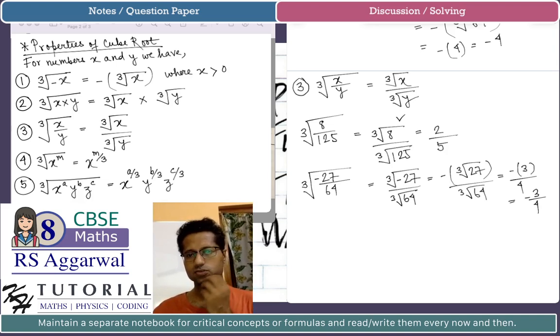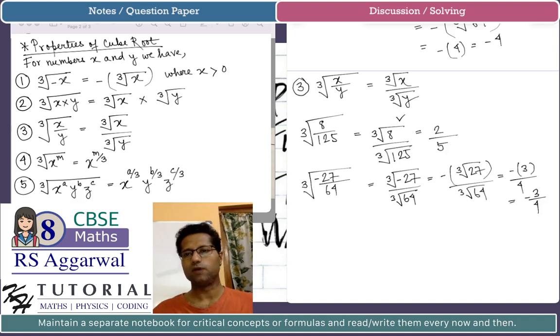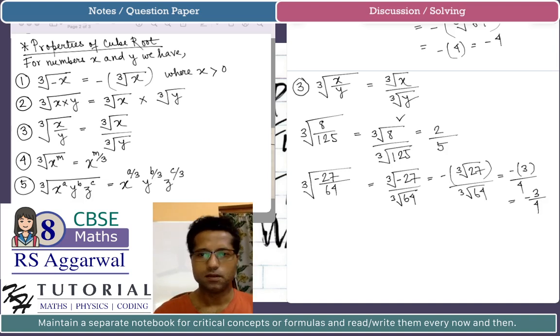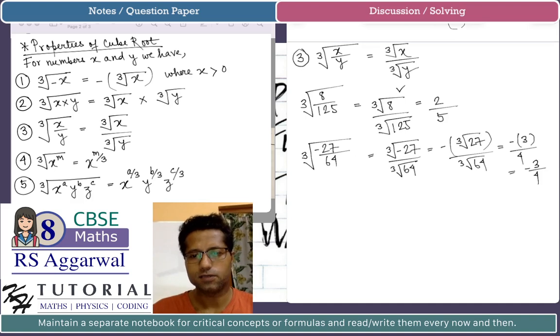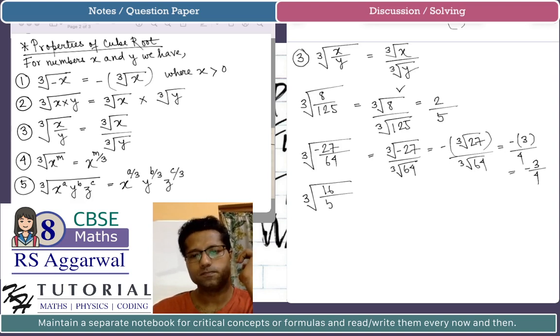X could be negative, y could be negative, but ignoring their sign, the absolute value is a perfect cube. Now let's say you are asked to find the cube root of, let's say, 16 by 54.